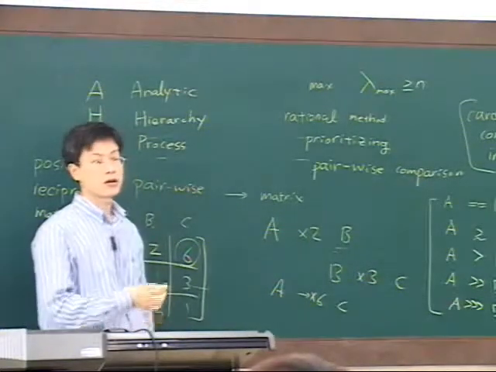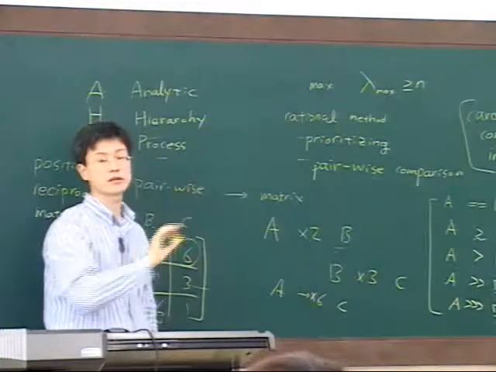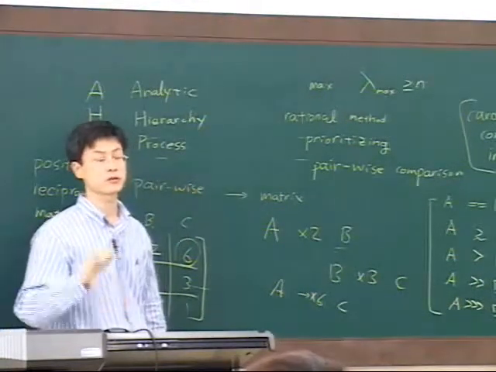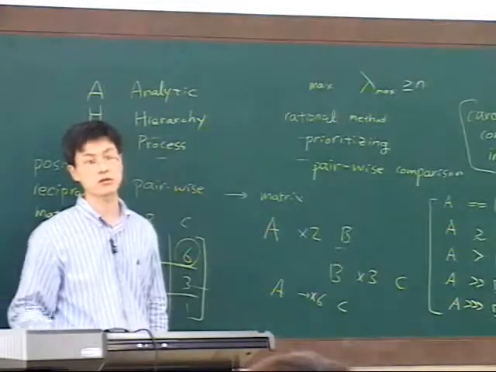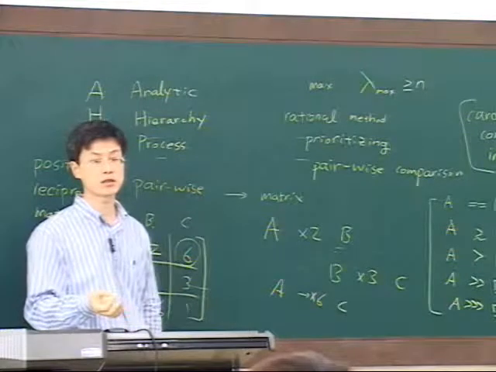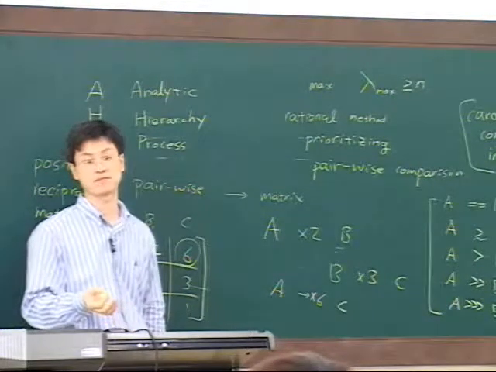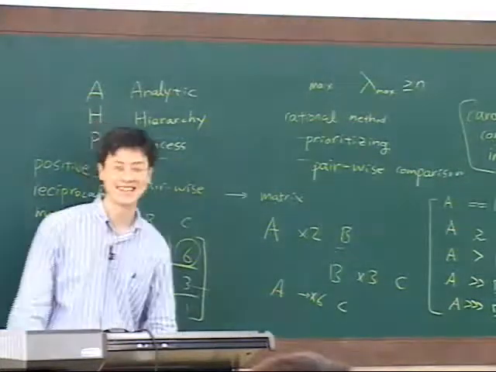Okay, but once you calculate the eigenvalues, you can rank them by value. So the largest eigenvalue is lambda max, and the smallest one is lambda min. Or eigenvalues could be the same as each other, right? Okay.